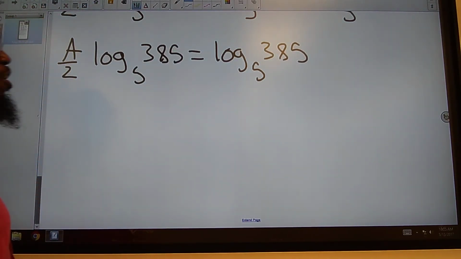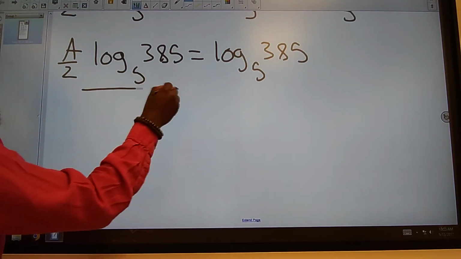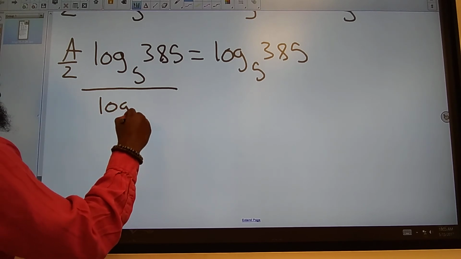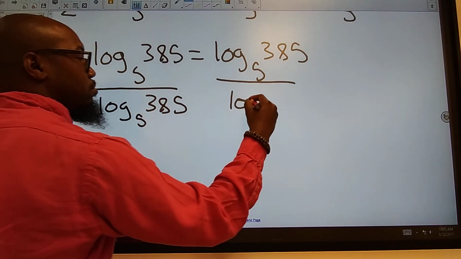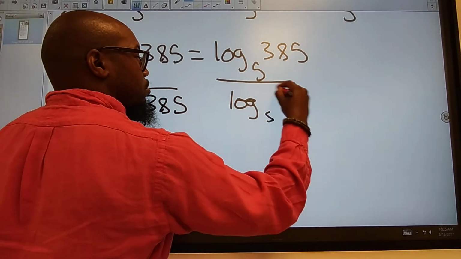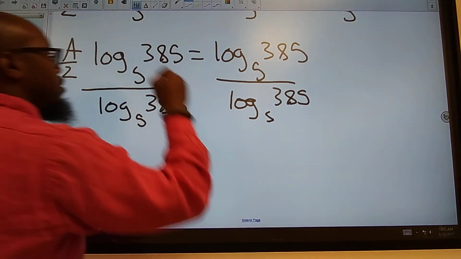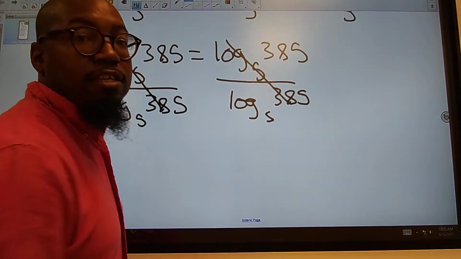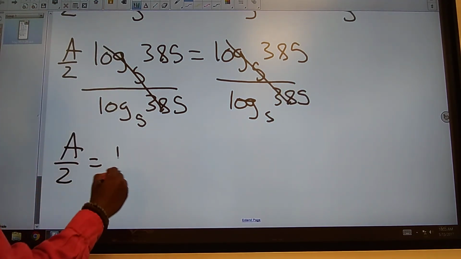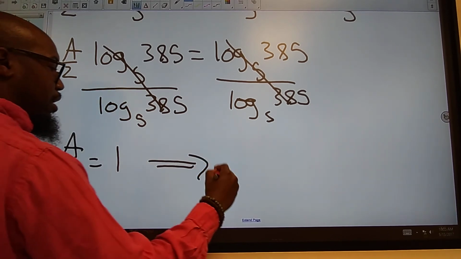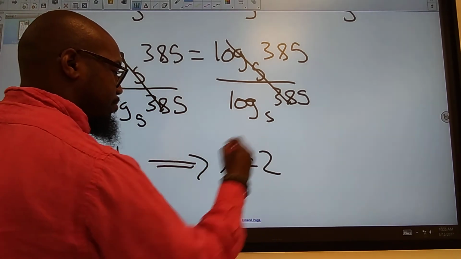And then to finish this off, I can divide both sides by log base 5 of 385. And that cancels out, that gives me 1. So a over 2 equals 1, which means that a equals 2.